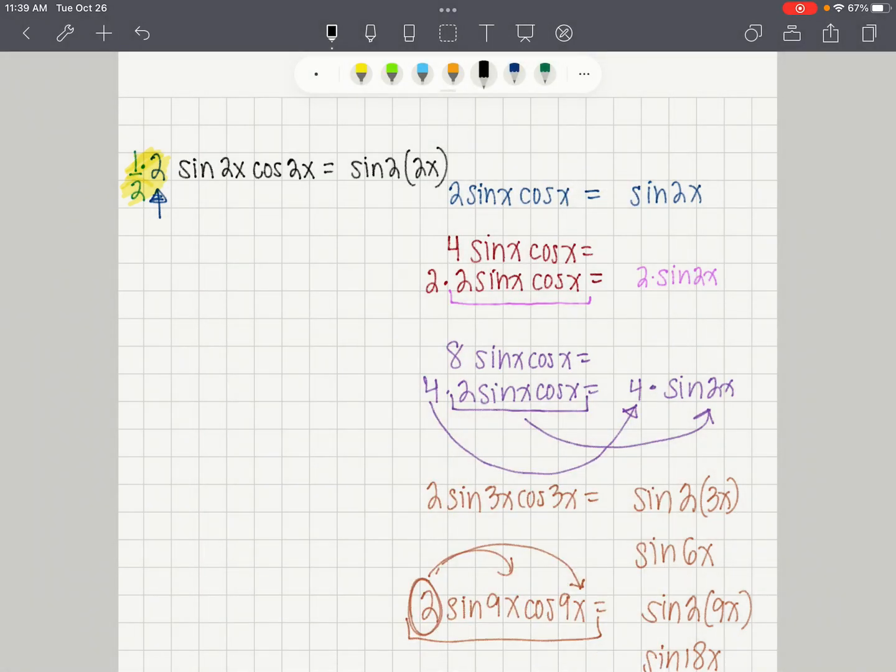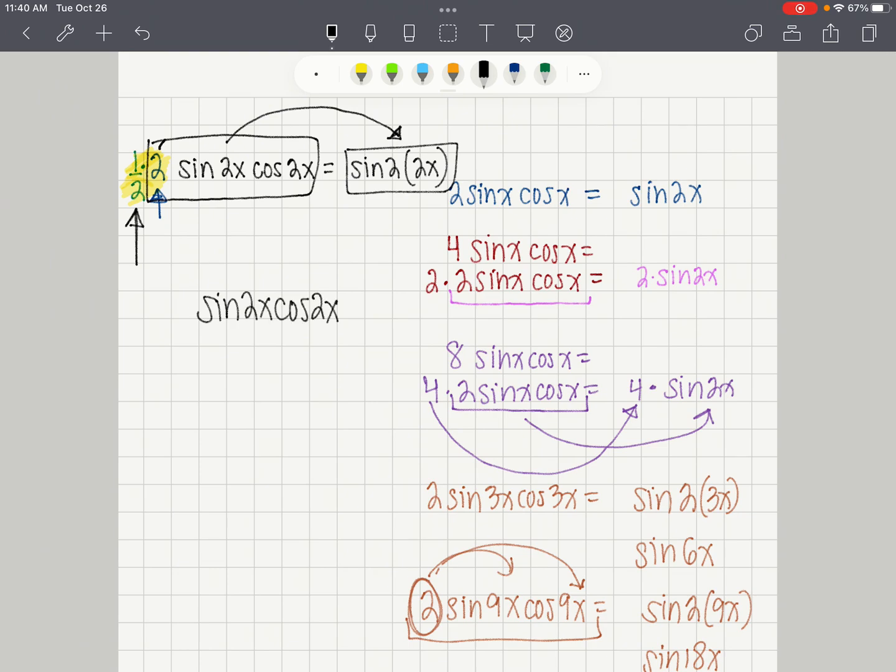Now I'm going to be able to group this to become that, right? But I've got this 1/2 that's still there. I can't forget that. So the sine of 2x, cosine of 2x. I'm going to put a 2 there that I need, and I'm going to put a 1/2 there to undo the multiply by 2.